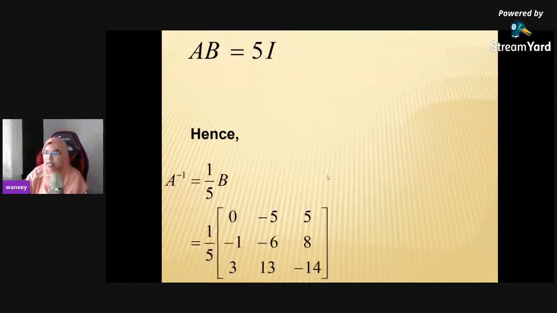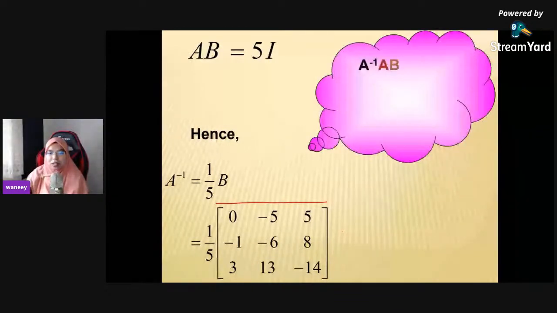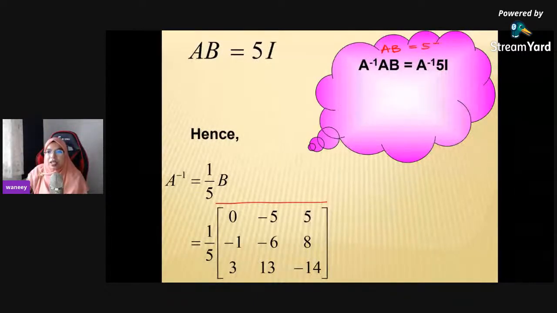Okay, so AB is equal to 5I. Therefore, A inverse is actually 1 over 5 multiplied with B. So how do we come out with A inverse equal to 1 over 5 B? We start with AB equal to 5I, and then multiply by A inverse on the left hand side.